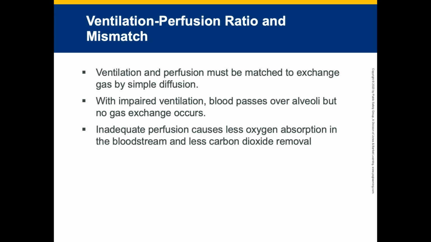When ventilation is compromised but perfusion continues, blood passes over the same alveolar membranes without gas exchange taking place. The result of inadequate ventilation is less oxygen absorption in the bloodstream and less carbon dioxide removal, causing a patient to go into shock.